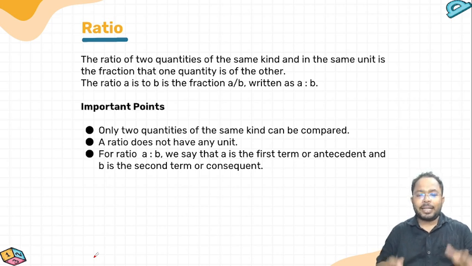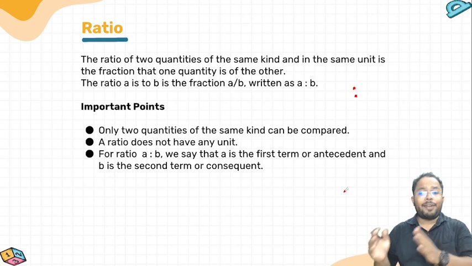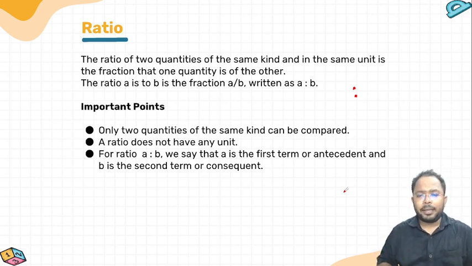That means the ratio A is to B, we use the symbol A:B and read it as A is to B. So ratio A is to B is the fraction of A and B, or we can say A by B. Generally, we write the ratios in the simplest form.